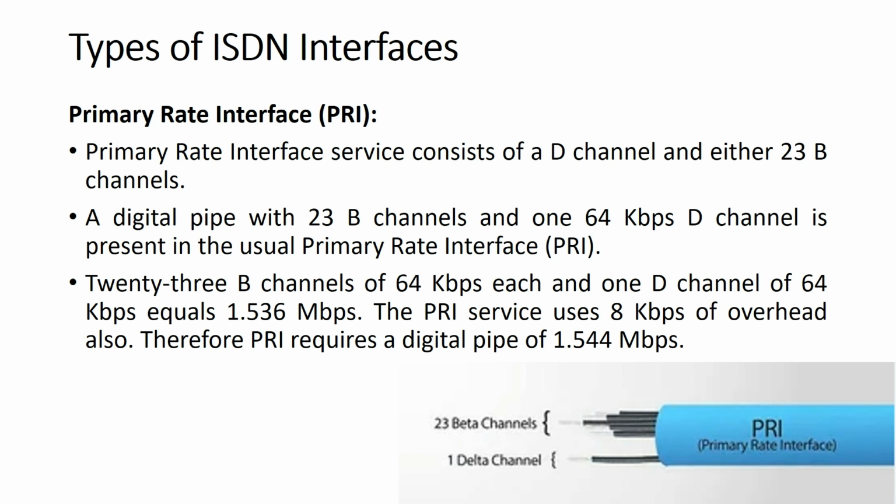So in total there are 24 channels of 64 kilobits per second each. This gives a total of 1536 kbps. In addition to this, 8 kbps is used for overhead. So in total 1544 kbps, 1.5 Mbps is used.